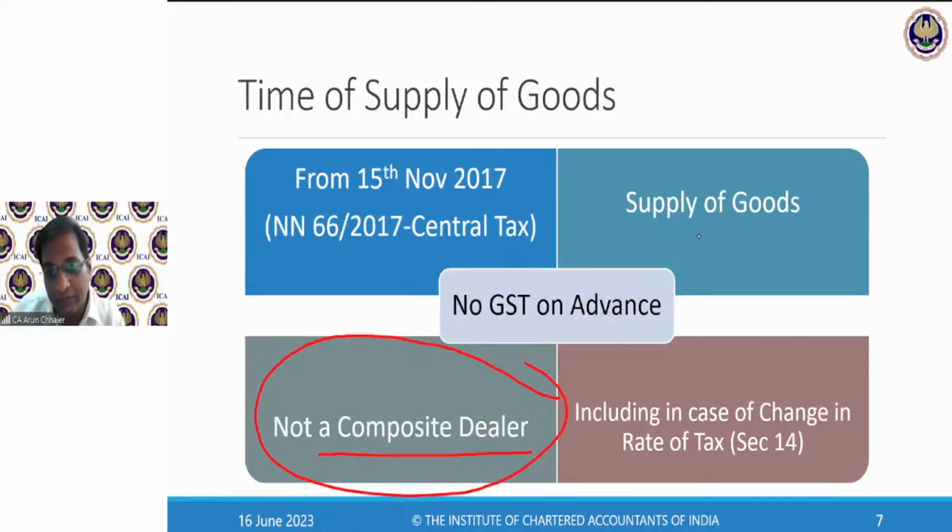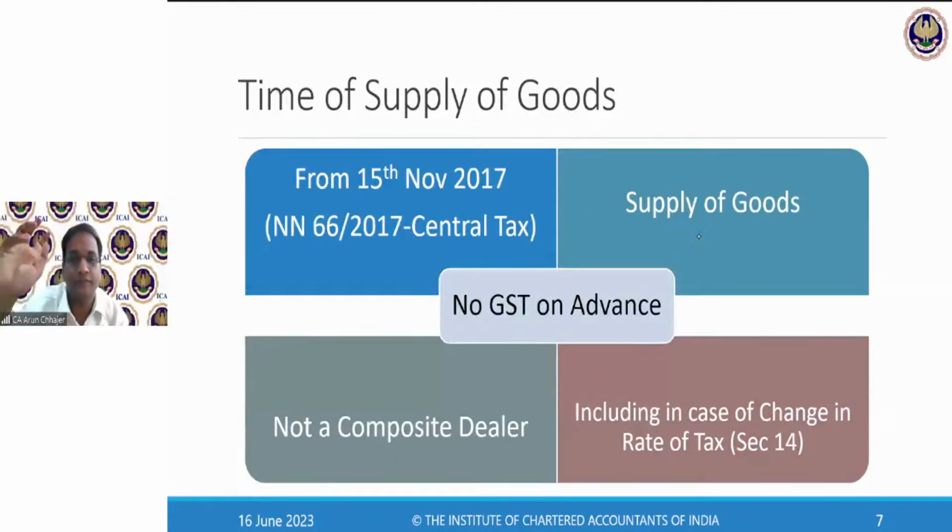I hope there are some couple of questions. You may ask the question. Only when you have received the payment but not the goods sent to you, have to pay the tax. Let me repeat once again to all the participants because it appears that there is some confusion.